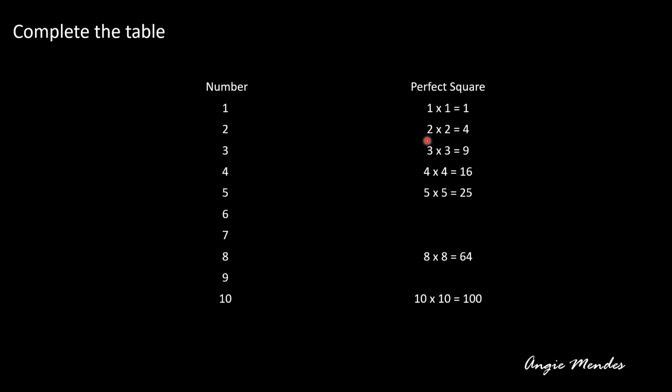You have done 2 raised to the power of 2, which means it is 2 multiplied by 2, you have got 4. Next, the number 3, the perfect square of 3 is 3 raised to the power of 2, which is 3 multiplied by 3. This will give you 9. In this way, you can write the perfect square of any given number, provided that it is a natural number.